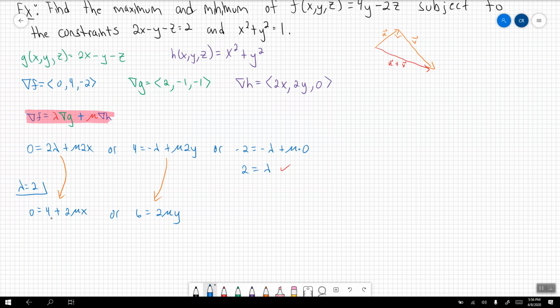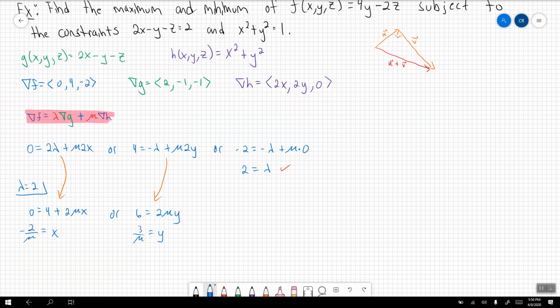Solving for x, I'm going to subtract 4, and then divide by 2 mu. So x is going to be negative 2 divided by mu. For the second equation, for y, I'm going to divide by 2 mu, so that's going to give me 3 divided by mu.